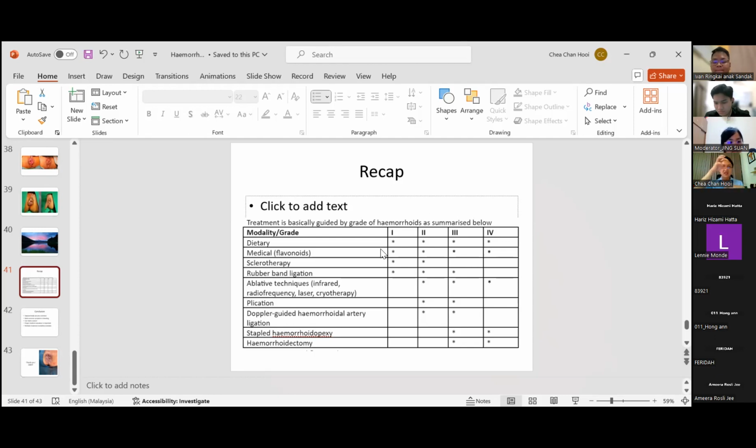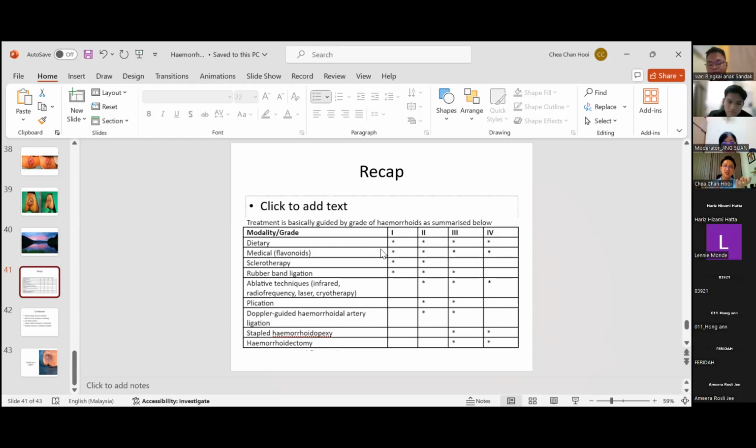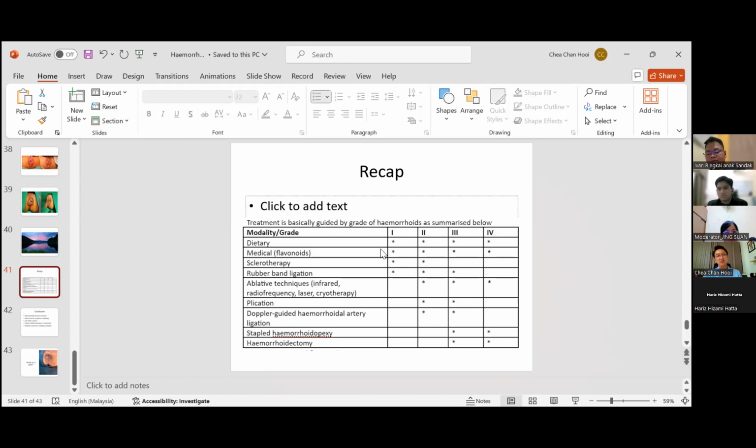So what happens is their anorectal canal pressure is higher, especially when they pass motion. But for them, they feel it is normal because it is how they pass motion since young. So these type of patients, without them knowing, their pressure is higher. So obviously they will have all sorts of problems and disease associated with defecation problem.